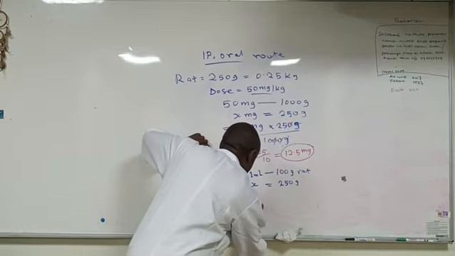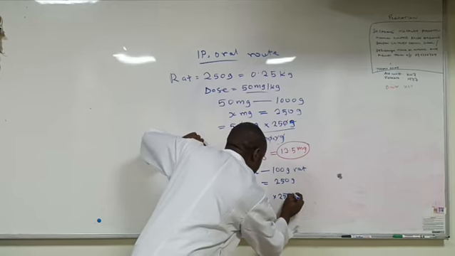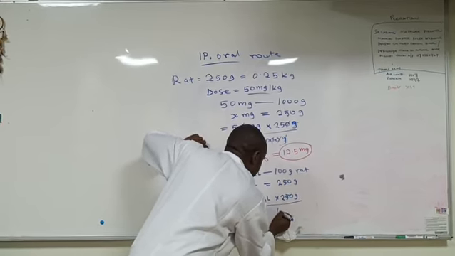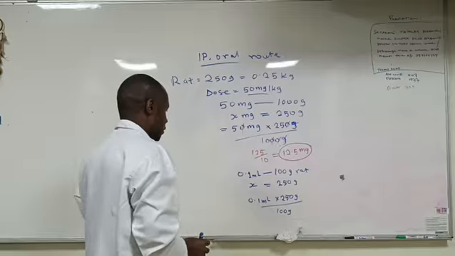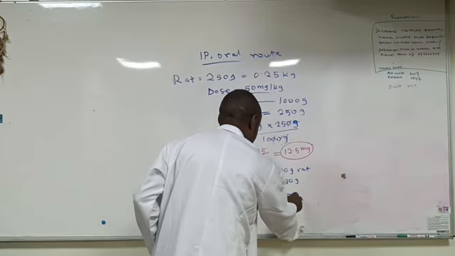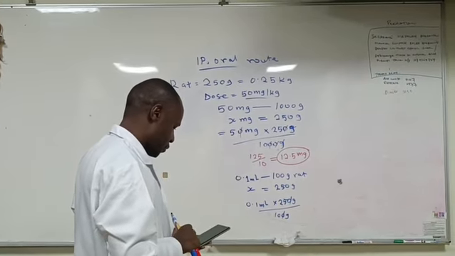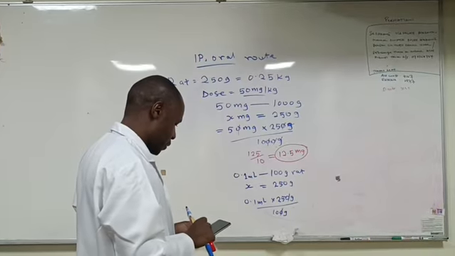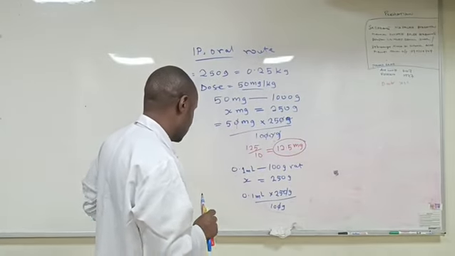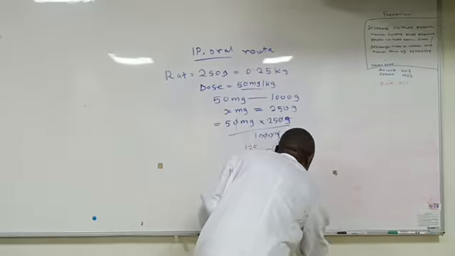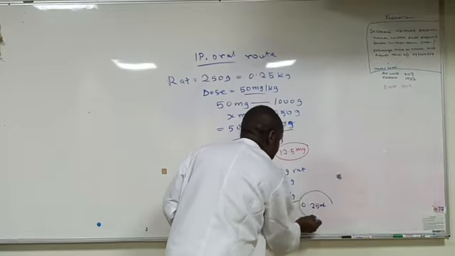It's going to be 0.1 ml by 250 gram, then divide by 100 gram. So if you do your calculation, you have 0.1 by 25, then by 10, which is going to be 0.25. So here you will arrive at 0.25 ml.